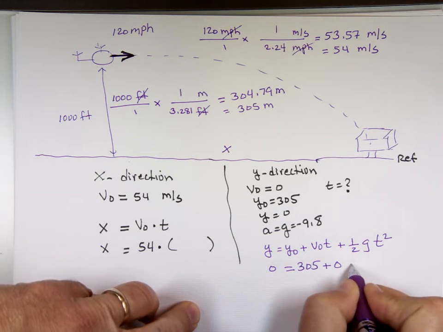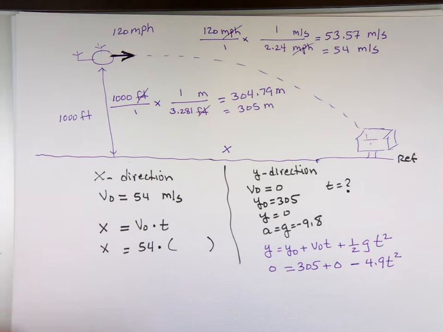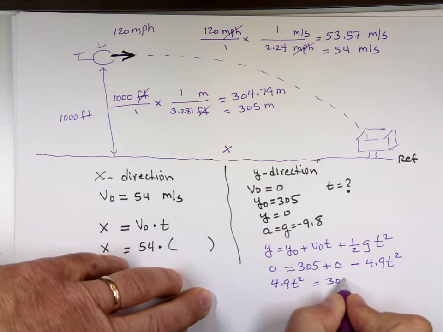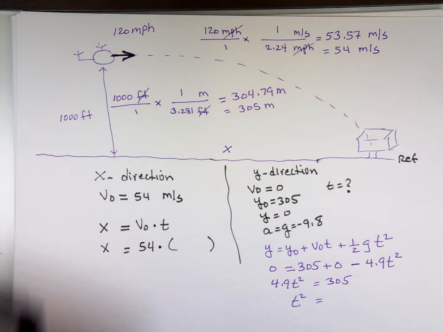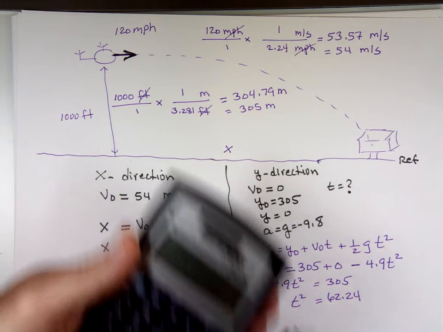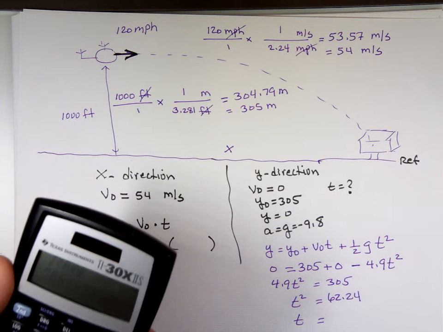This will be negative 4.9 t squared. 4.9 t squared equals 305. T squared equals what? 305 divided by 4.9. 62.24. T is the square root of that. And it's 7.9 seconds.